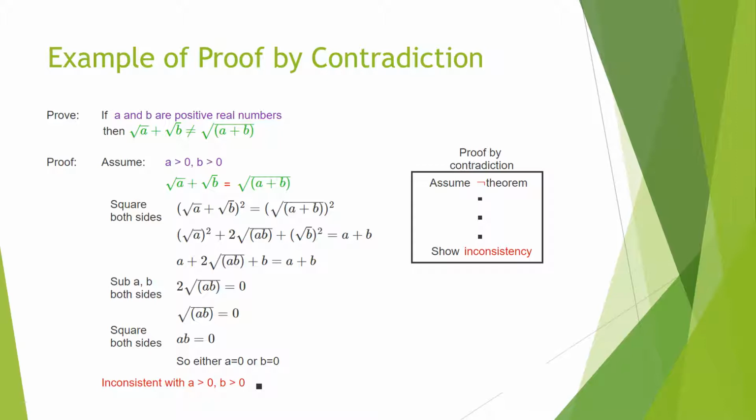Since we are using the method of indirect proof or proof by contradiction, first we need to assume that the inequality is false, which means that we have an equation, right? So it means that for every two positive real numbers, the summation of their square roots is equal to the square root of their summation. So this is the negation of the theorem. This is the negation of what we are going to prove.